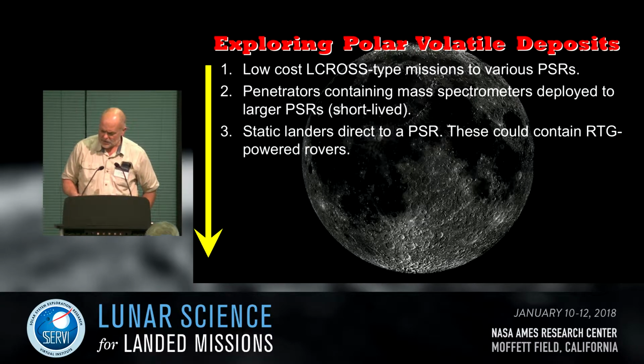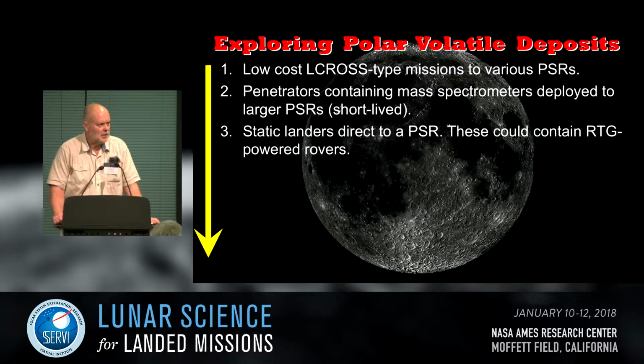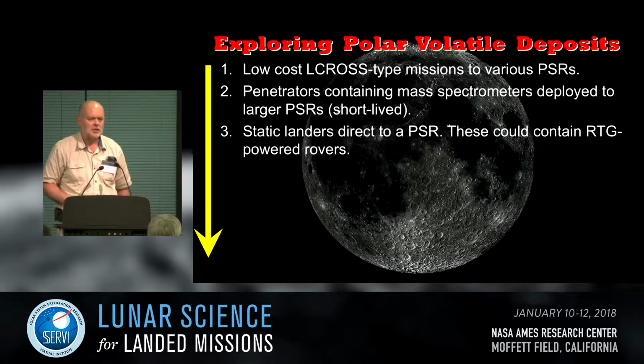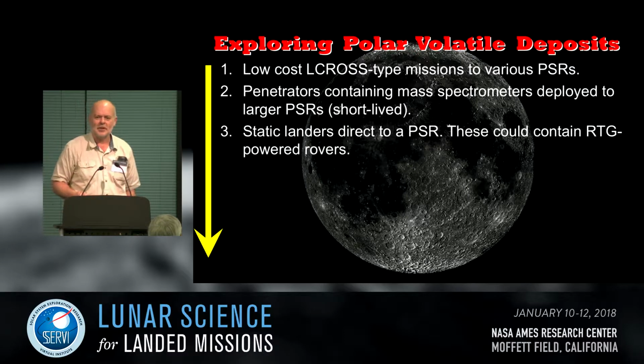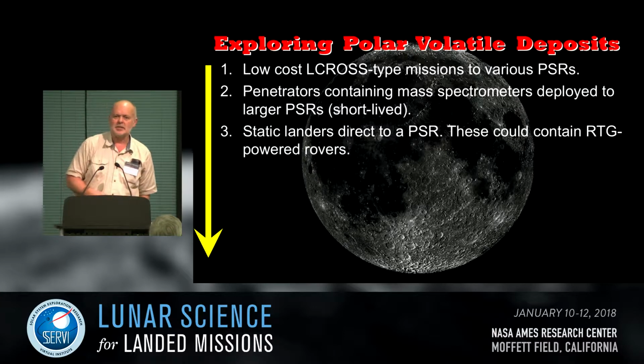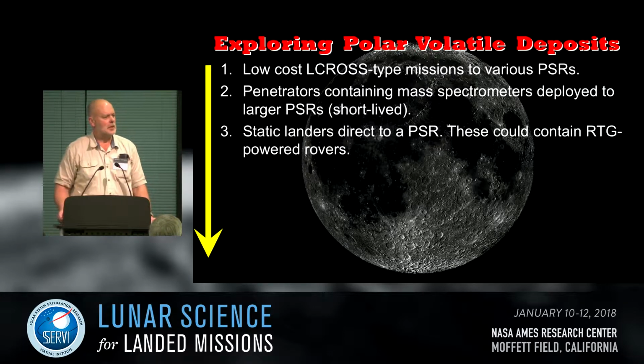So just as a notional concept, you've got the arrow going down. That's the increasing complexity of mission types. And we can argue about the semantics, but this is my talk, and that's what I came up with. So we've got the low-cost LCROSS type missions, an impactor going in and looking at the plume that comes out. Maybe penetrators that can go into a large PSR and look at the distribution, very short-lived, containing spectrometers to be able to look at what's at depth there.